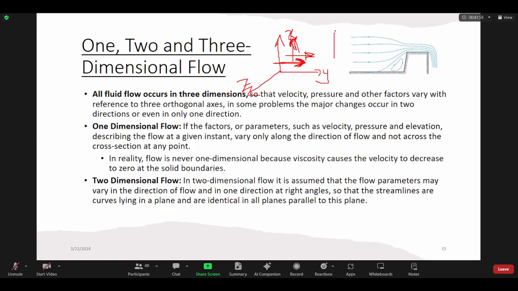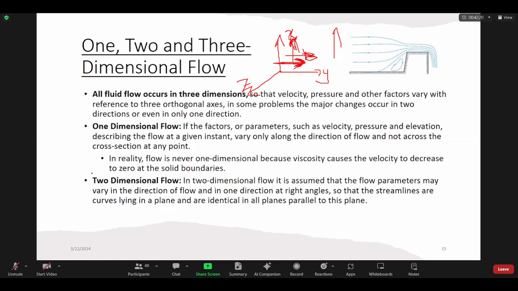Only one direction, along the fluid's direction of flow.